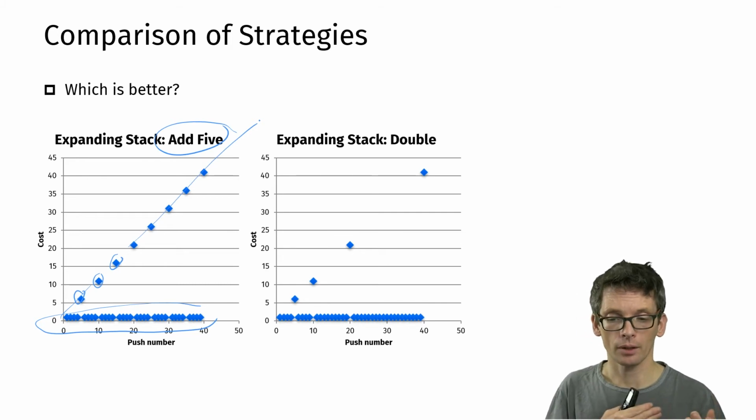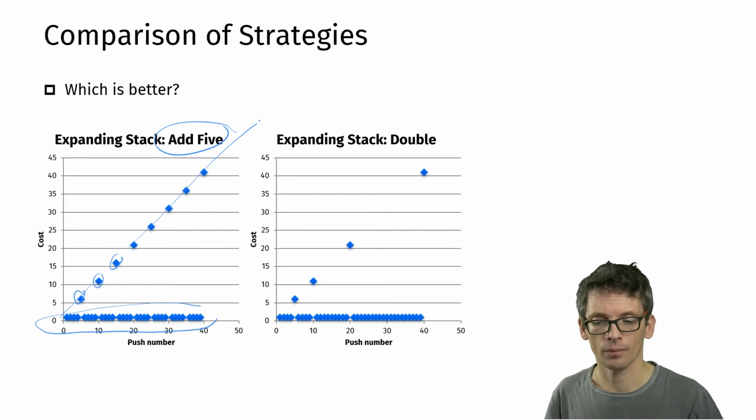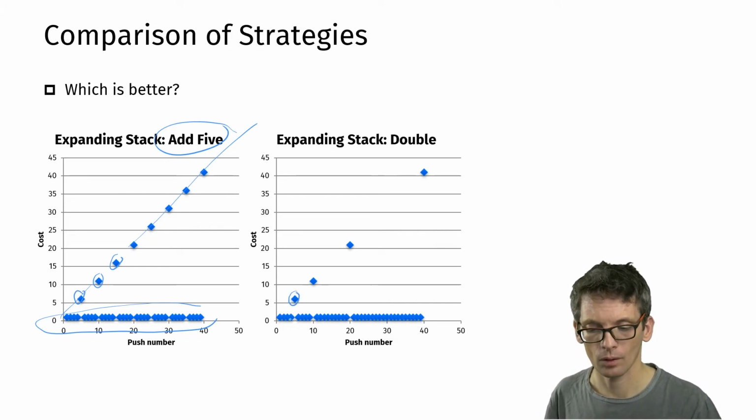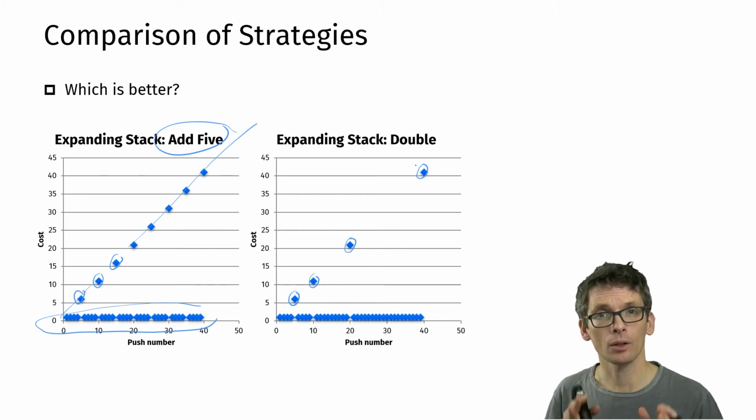In contrast, when we do doubling, I have these expensive operations spread out somewhat more. But in both cases, the worst case is linear.